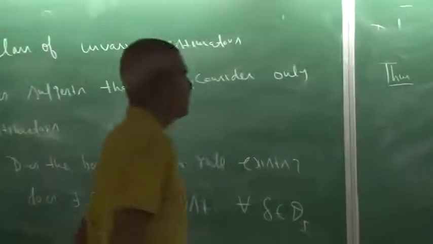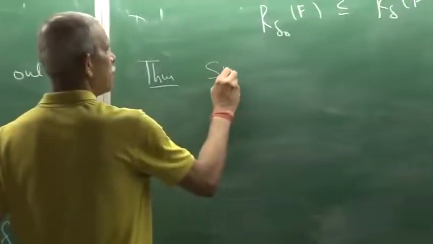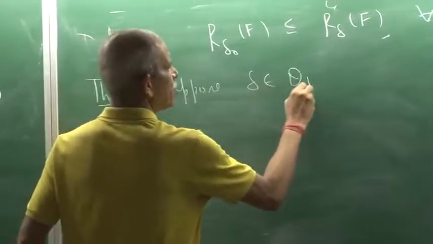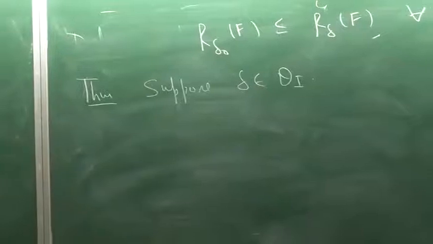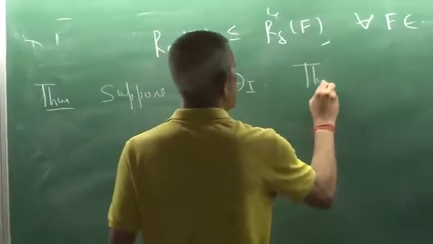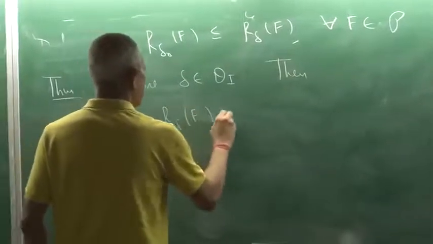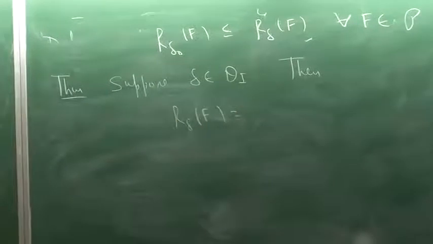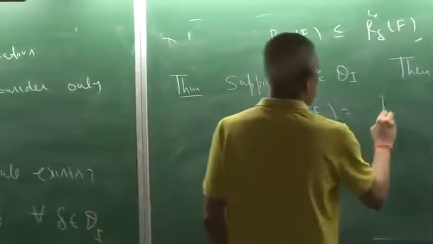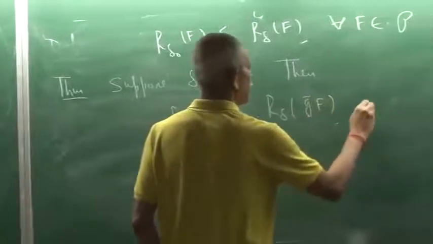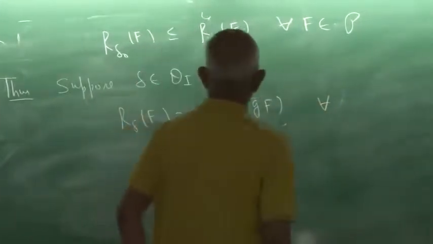So suppose delta belongs to D_I. So delta is any invariant estimator. Then R(delta, f), that means the risk of delta at point f, would be the same as the risk of delta at point g bar of f, for every g.